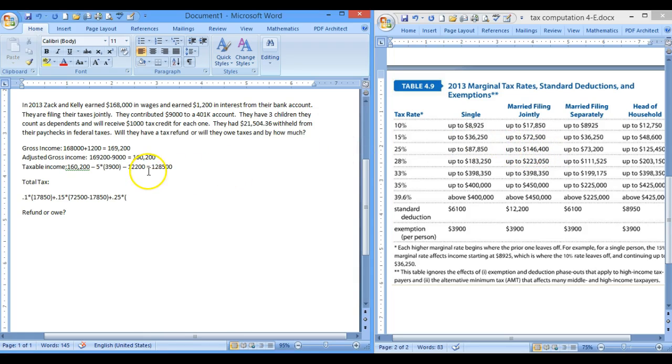We're only going to go to their taxable income, which is 128,500. And again, we're not going to tax them at 25% on all of that, so we need to subtract what we taxed in the previous ones, which was up to 72,500. Close parenthesis.